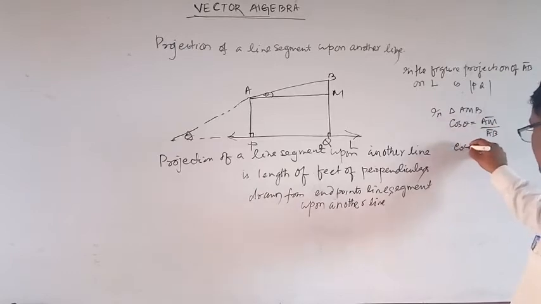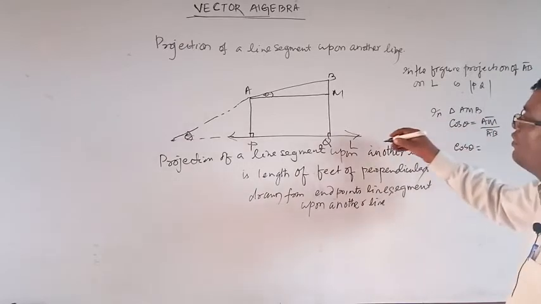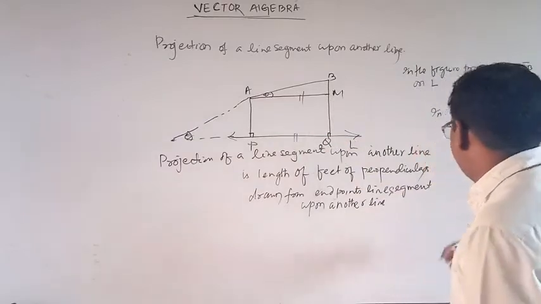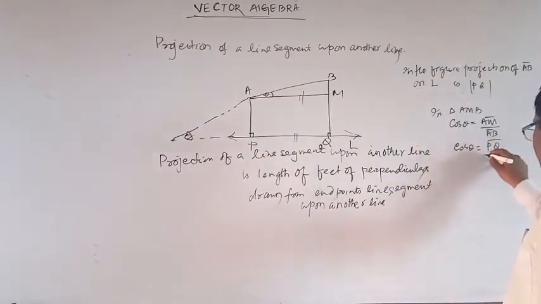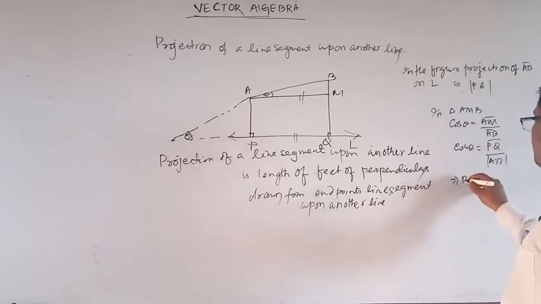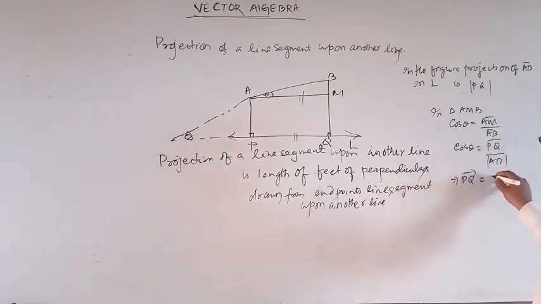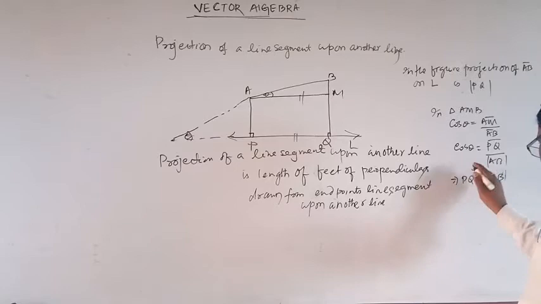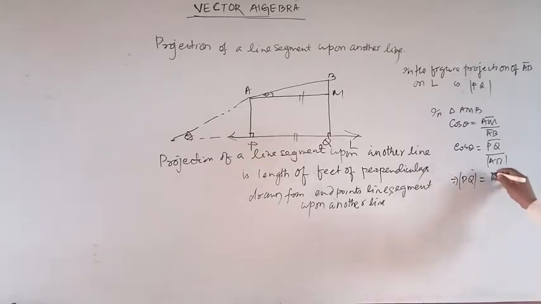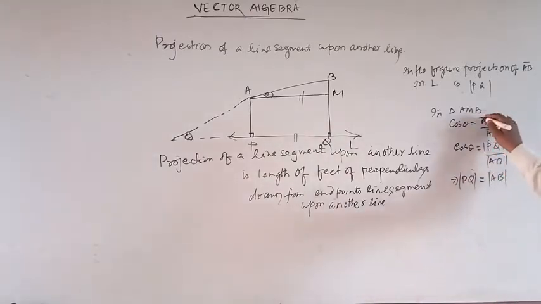So cos theta is equal to AM, equal to PQ distance by AB distance. So PQ distance is equal to magnitude of AB cos theta.